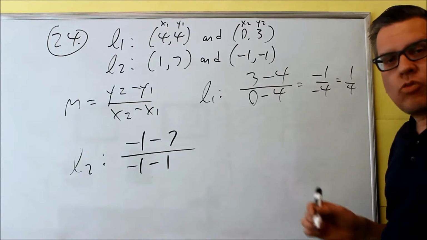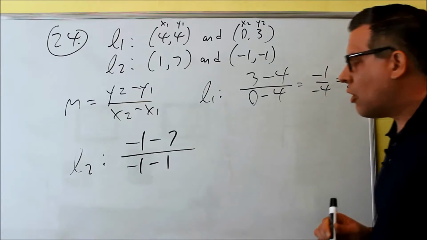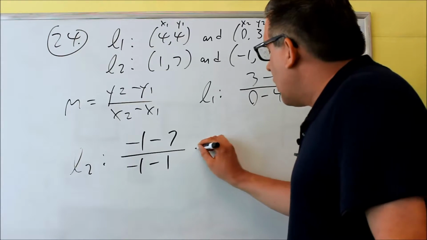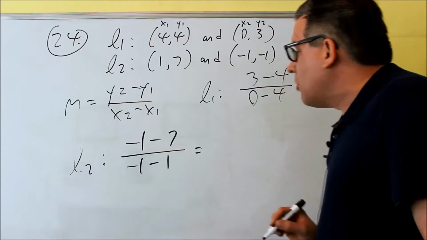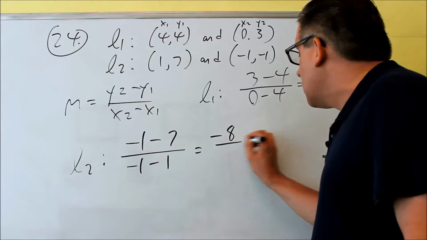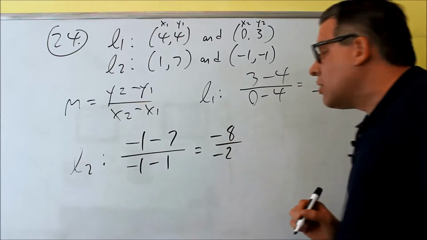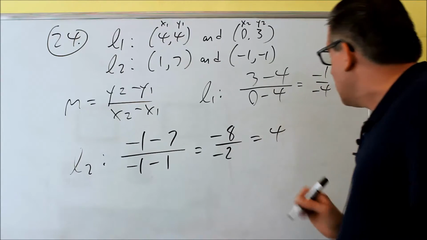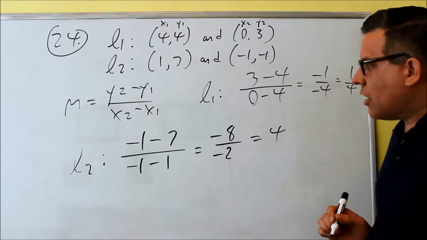Y2 minus y1 over x2 minus x1. Make sure you subtract them in the same order when you do those. Now this is going to give you negative 1 minus 7, that's negative 8. On the bottom you get negative 2, negatives cancel, and I get positive 4. So that's the slope.